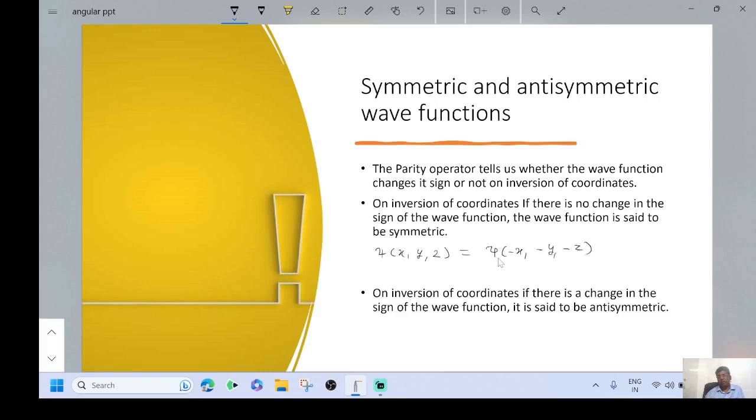There is no change in the sign of the wave function. Such a wave function is called symmetric. If psi of x, y, z equals minus psi of minus x, minus y, minus z, then the wave function is antisymmetric. On inversion of coordinates, if there is a change in the sign of the wave function, it is said to be antisymmetric.